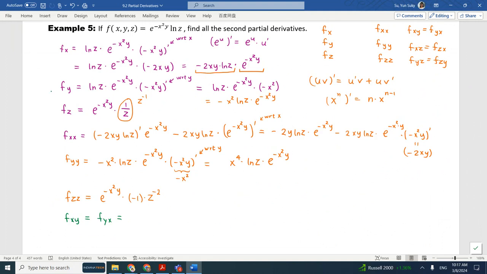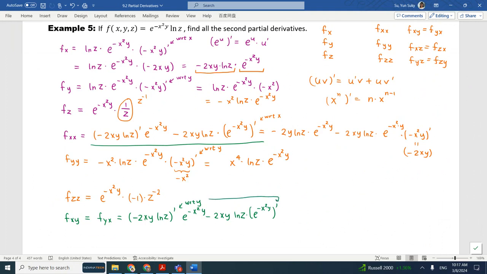So let's copy this whole thing here. We have negative 2xy and z prime, but this is with respect to y, e to the negative x squared y, minus 2xy and z, and then e to the negative x squared y, but the prime is also with respect to y.